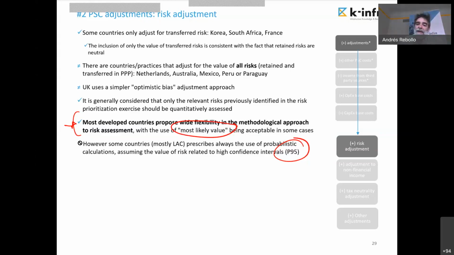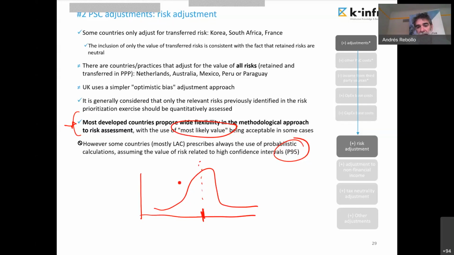And how can I consider a likelihood of a risk happening bigger than the percentile 50? The percentile 50, in a normal distribution, would be this value of deviation of the cost.